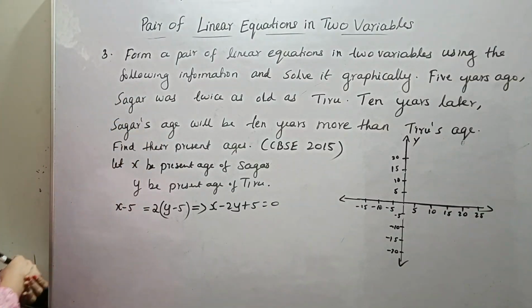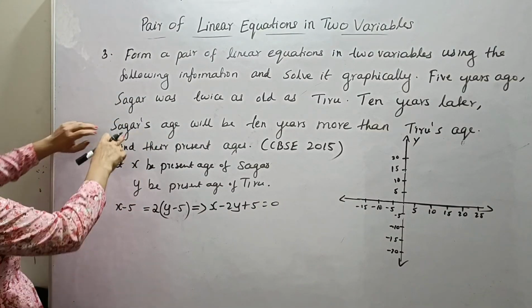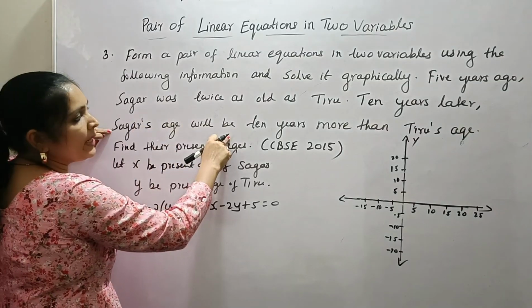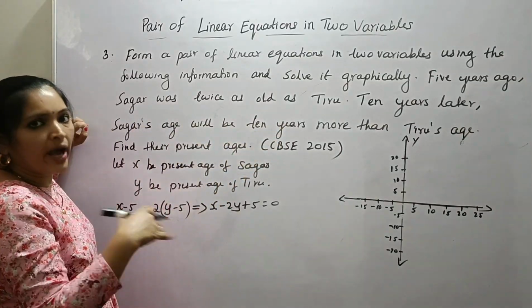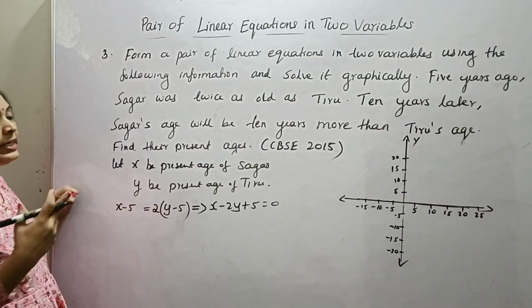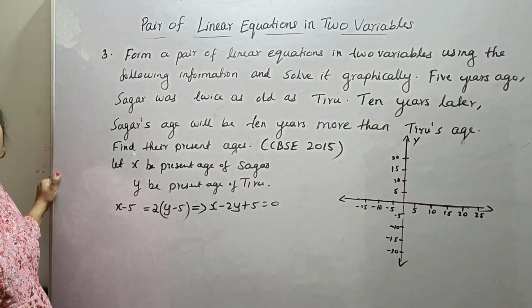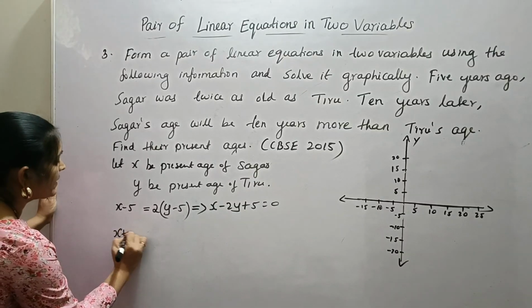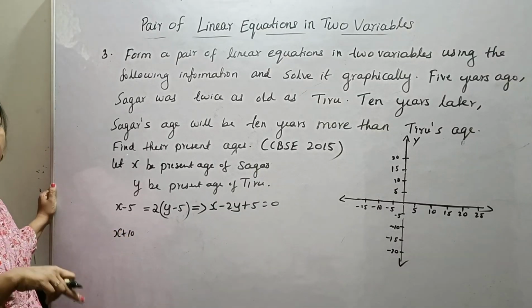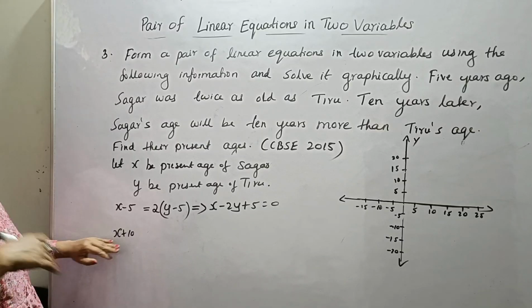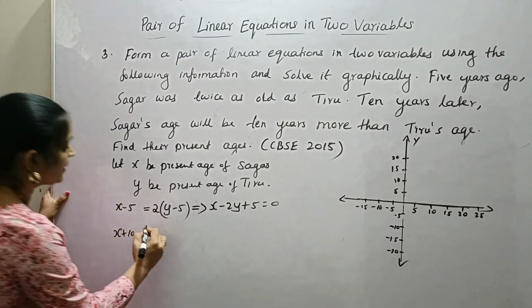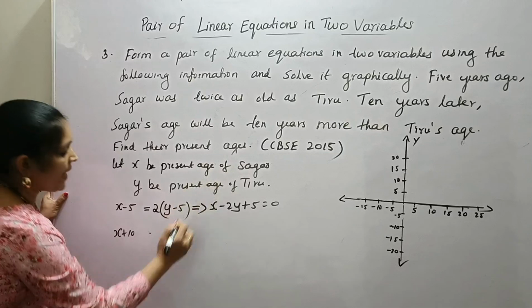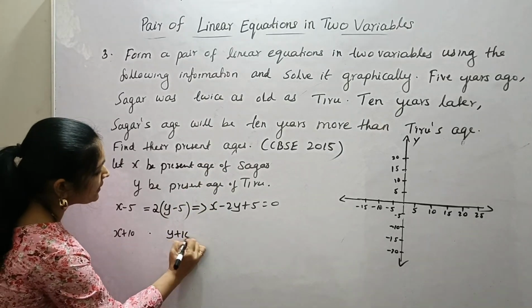Okay. Next equation, for that it is given Sagar's age after 10 years. After 10 years, what will be Sagar's age? x plus 10, now his age is x years. So after 10 years, x plus 10. And Thiru's age will be y plus 10.